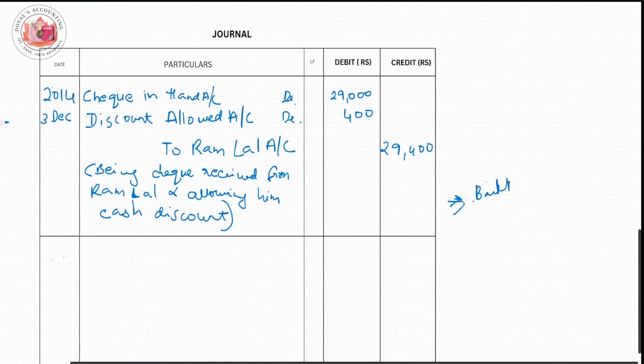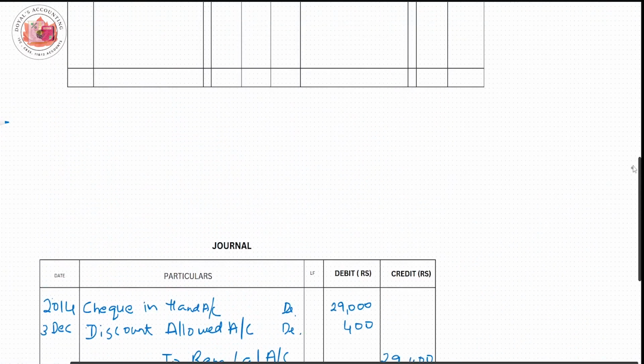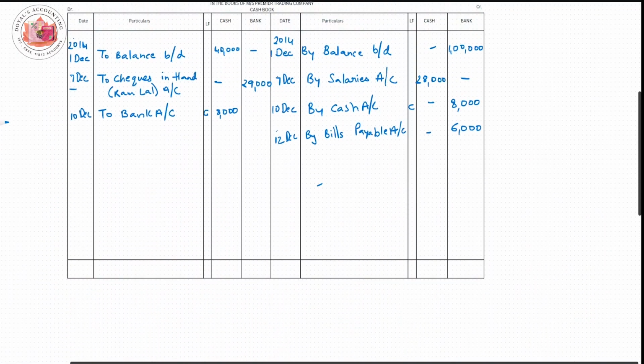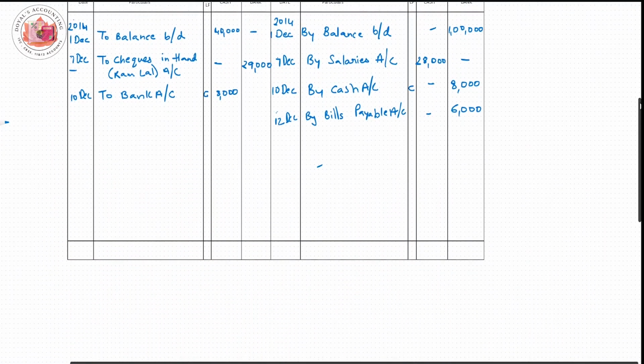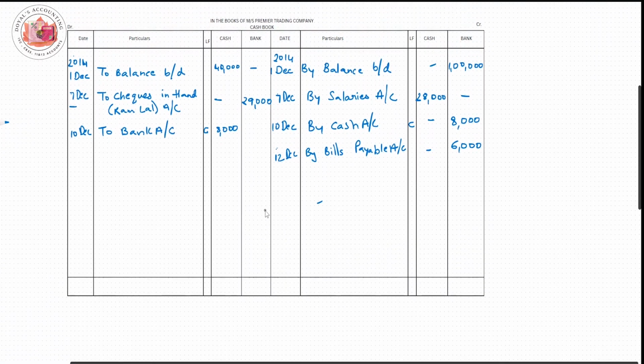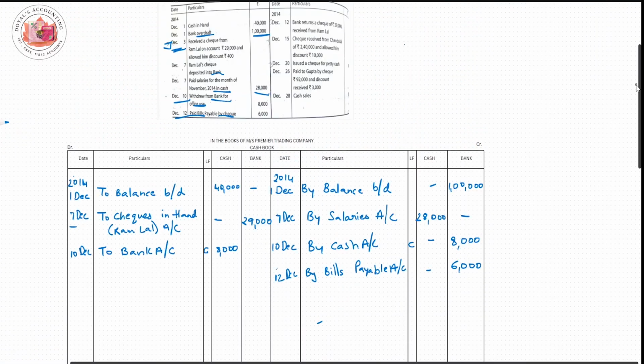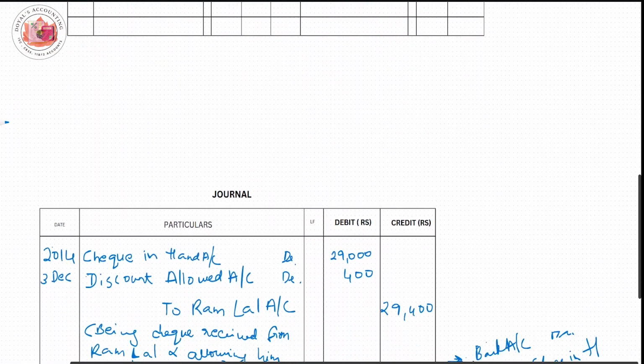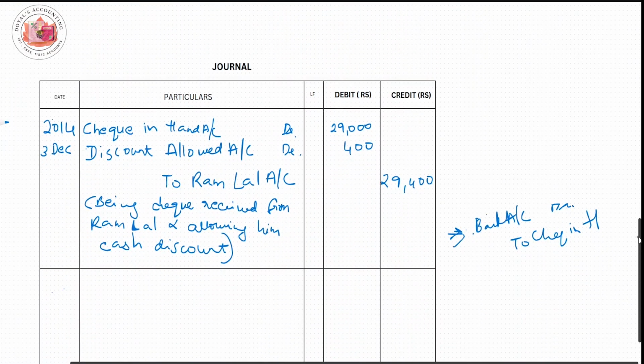Bank account debit to check in hand. I have written this in the cash book. Okay, I have written it here, but now I need to reverse this entry. So in my cash book only I will reverse it. How will I reverse it? I will do check in hand account debit to bank.